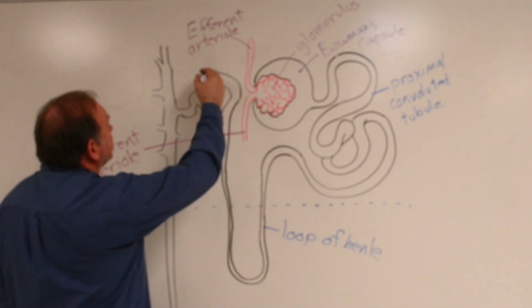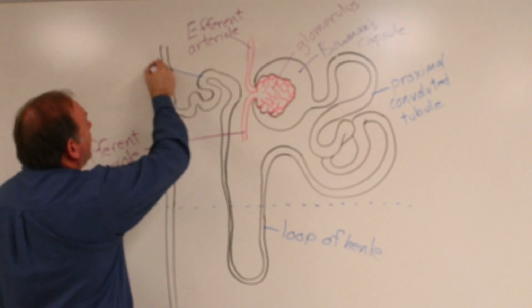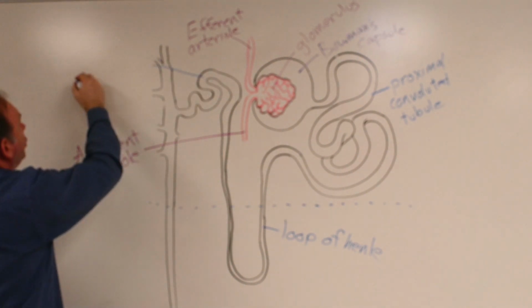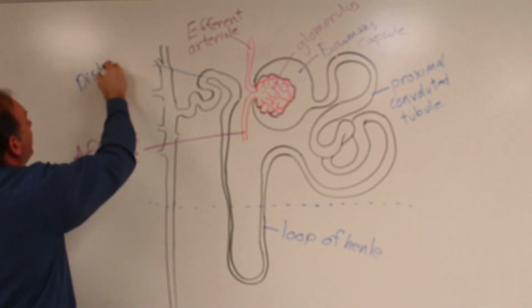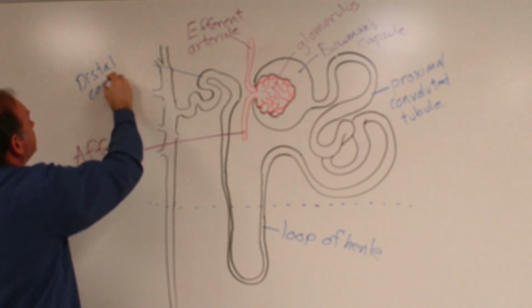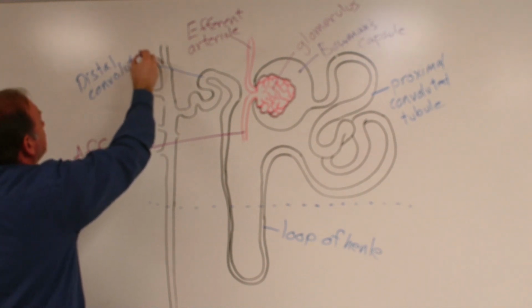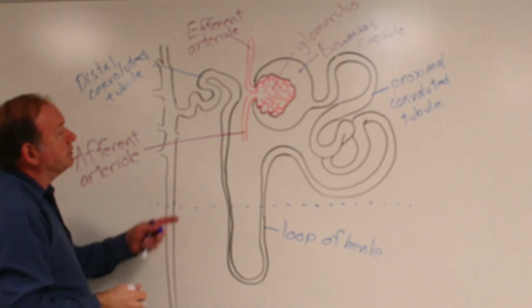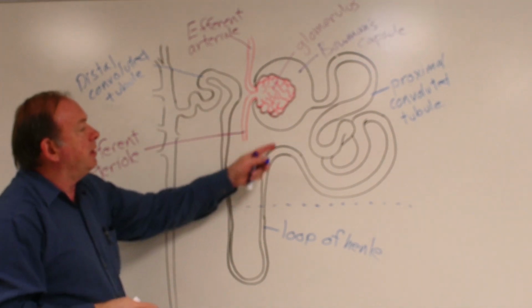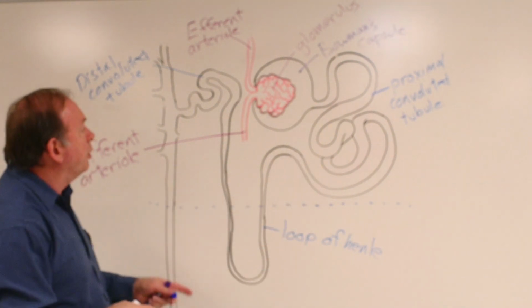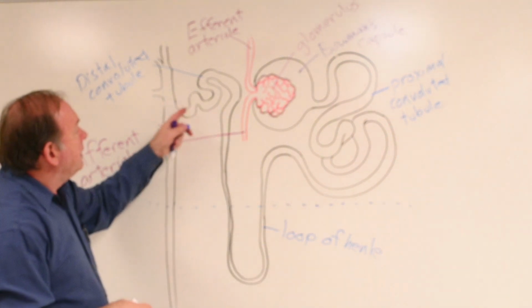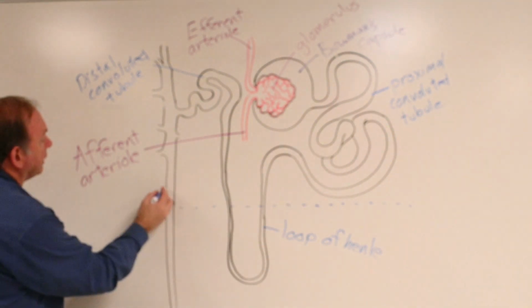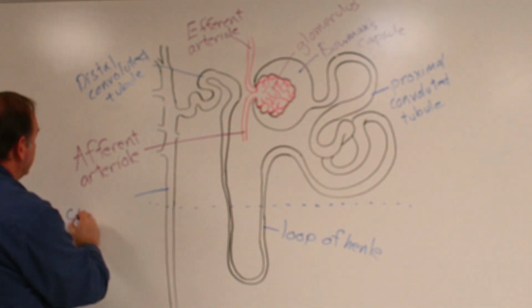But this entire section is called the distal convoluted tubule. Distal convoluted tubules are not quite as long as the proximal convoluted tubule portions, but anyway, they lead eventually out into the collecting duct.